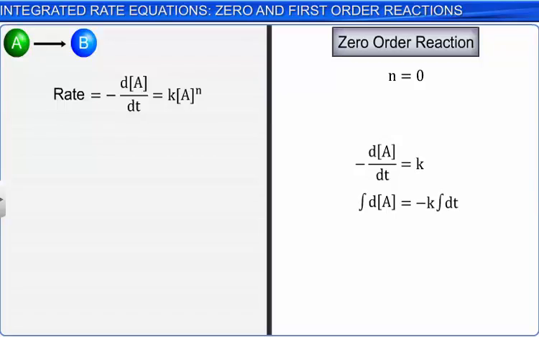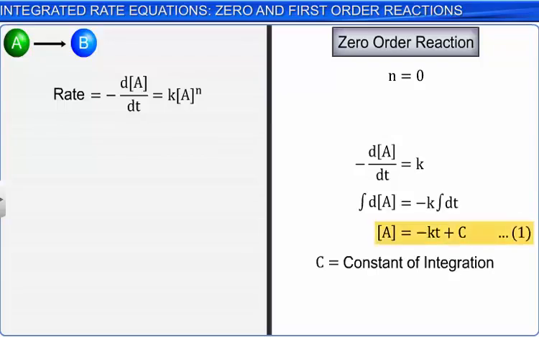On integrating both the sides, we get concentration of A is equal to minus kt plus C, where C is the constant of integration. Let this be equation 1.